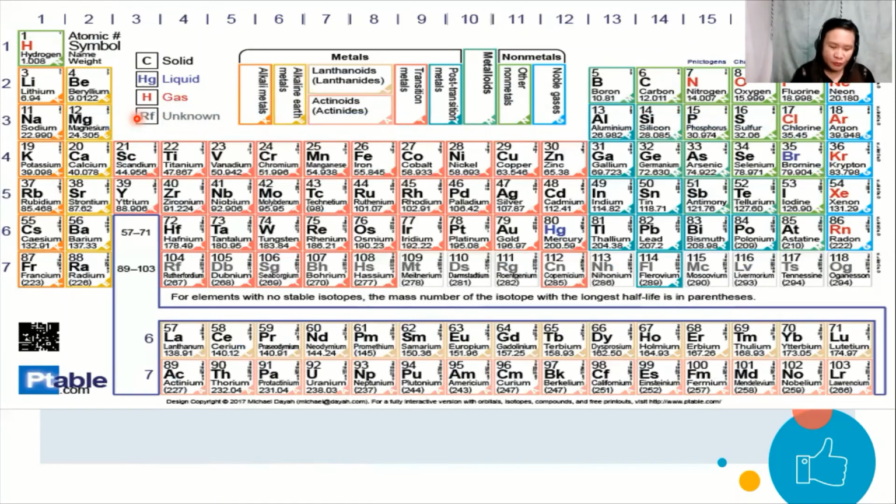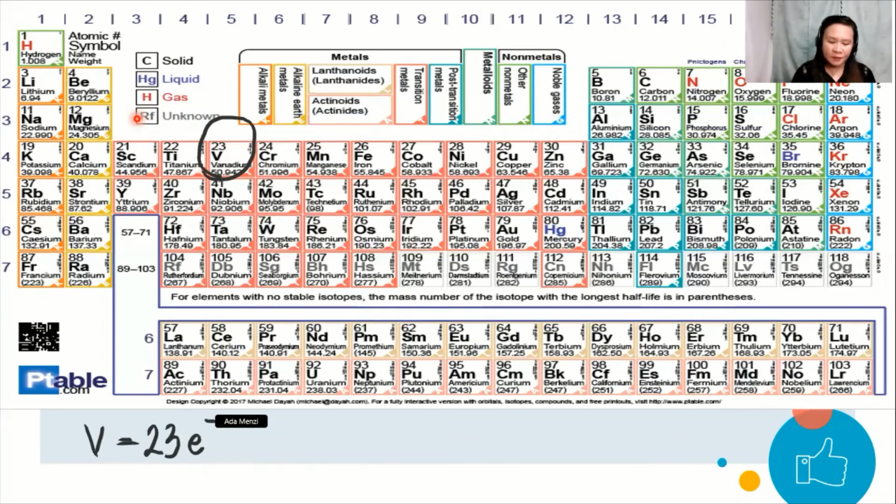Okay, let's try another example. What if we get the electron configuration, for example, of vanadium? Where can we find vanadium? It's again in the fourth energy level, and the atomic number is 23. So for vanadium, we have 23 electrons.